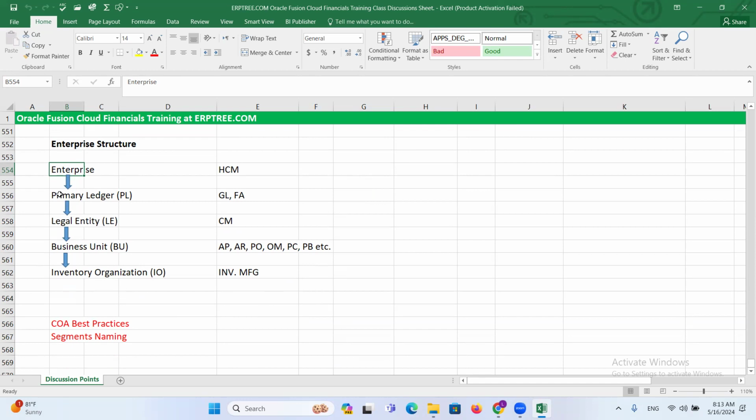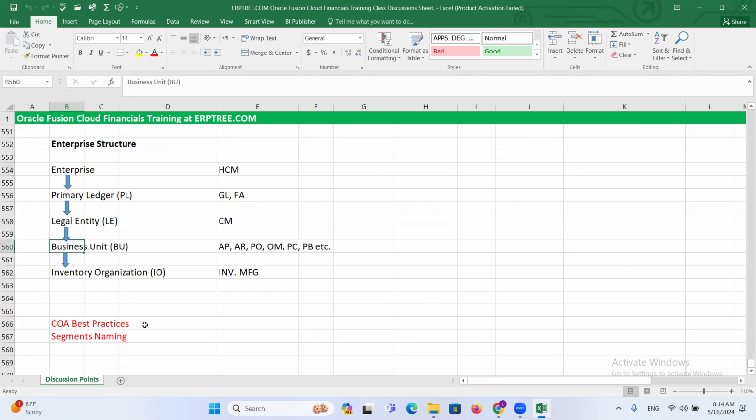That's what we discussed. So at that level we map the GL and FA applications. And legal entity, for registration information, at that level we map cash management. Within cash management, we maintain the bank accounts. That's how we specify which legal entity, which company, the bank accounts belong to. That's how we do the mapping.